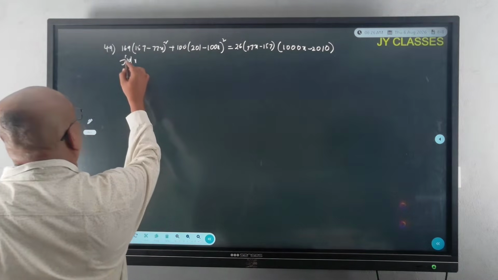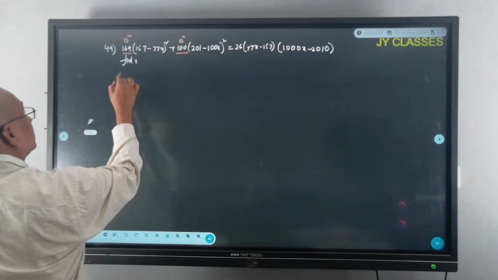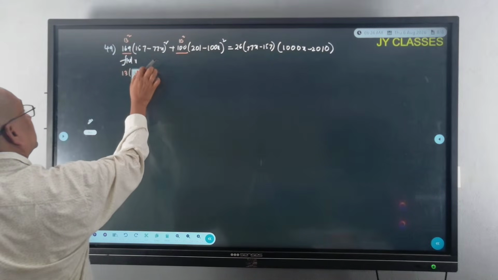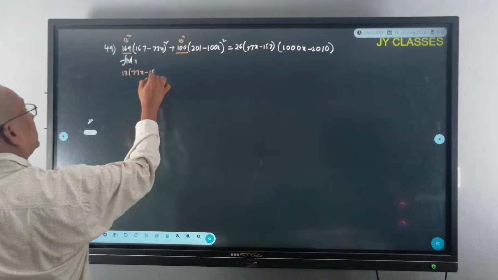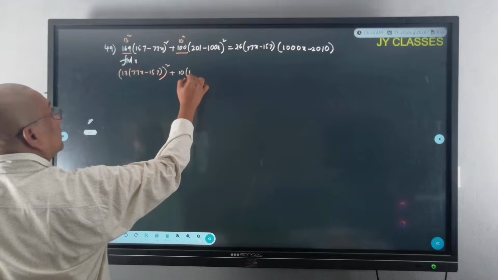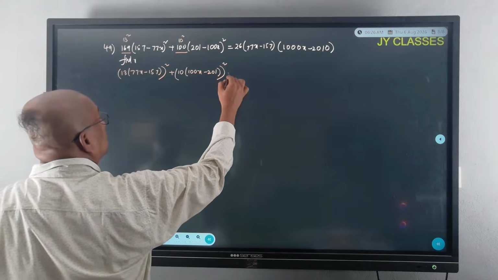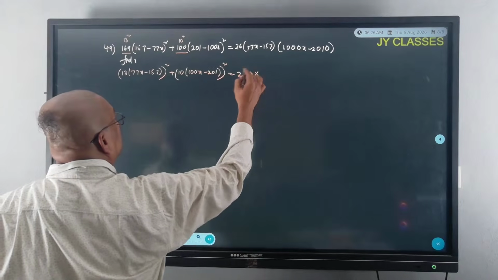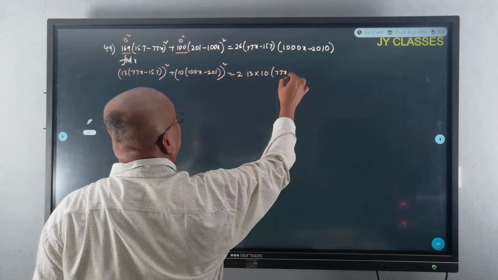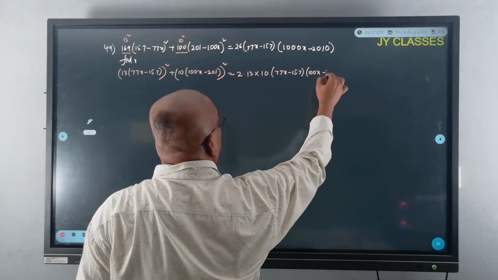What is there, sir, it is the usual. This is 13 square, this is 10 square. So 13 into (157 minus 77x), taking minus common, gives (77x minus 157) whole square, plus 10 into (100x minus 201) whole square is equal to 2 into 13 into 10 into (77x minus 157), taking 10 common, into (100x minus 201).